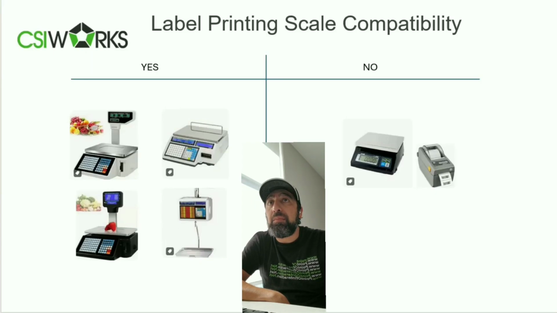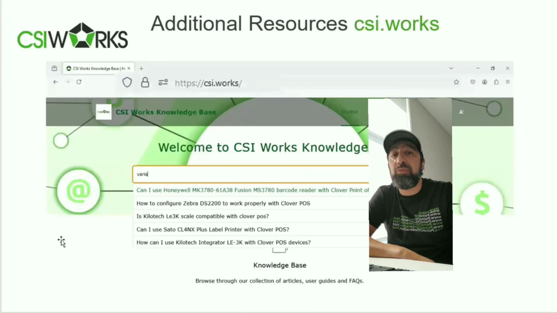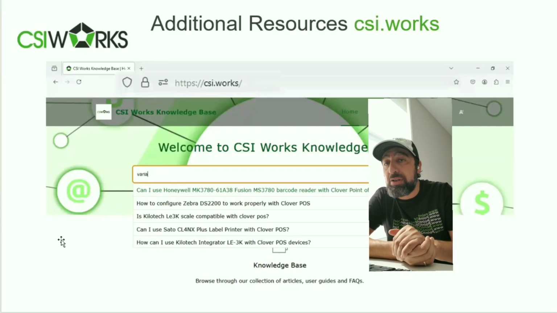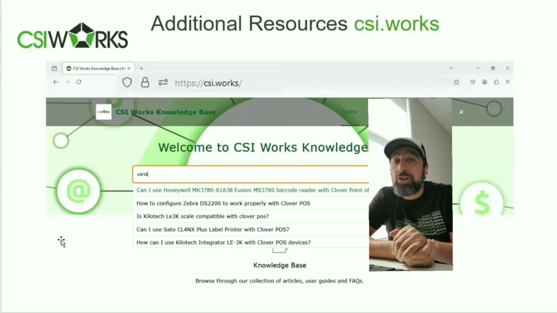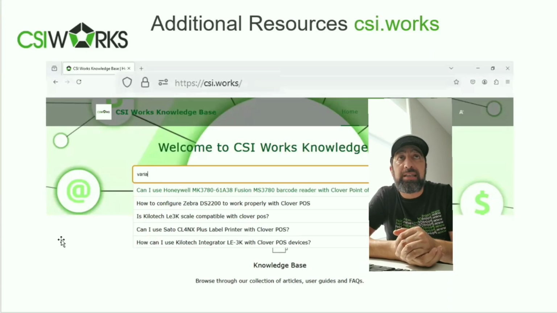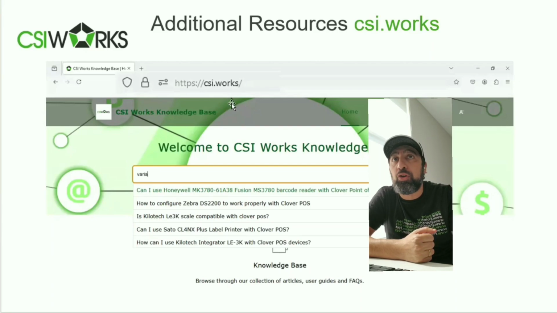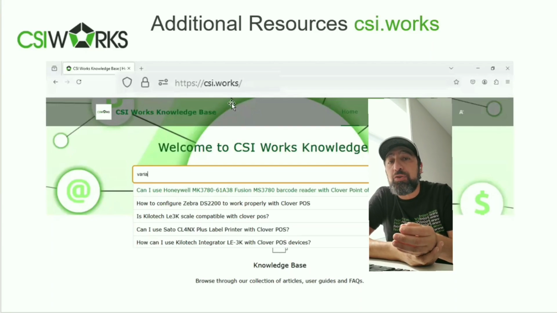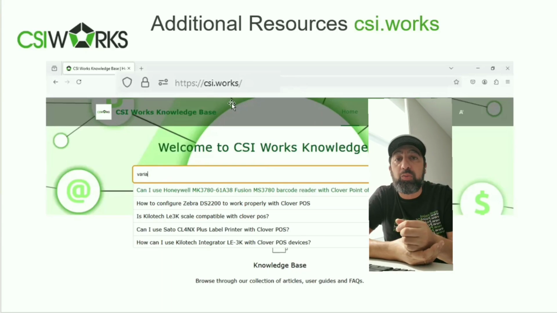Lastly, I want to talk about the resources that are available for our agents or merchants for CSI Works. If you simply go to csi.works, believe it or not, this is the URL, you will arrive at our knowledge base that lists all of the written material that we have for all of the solutions we offer.